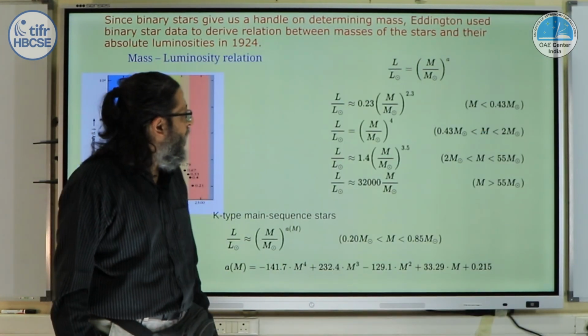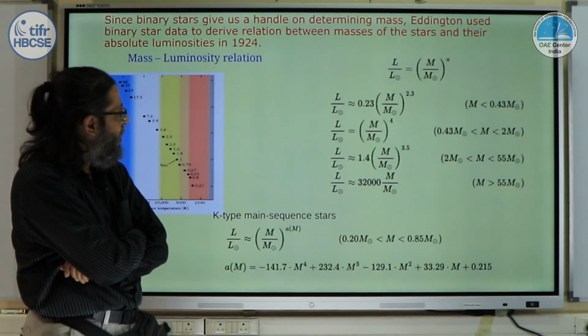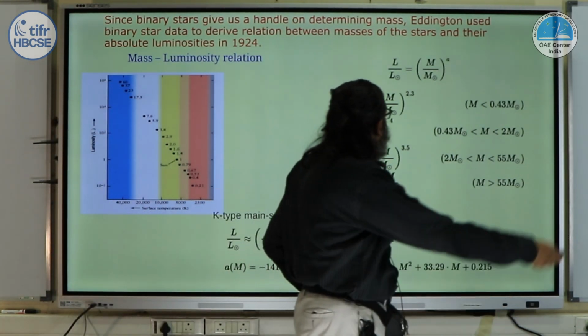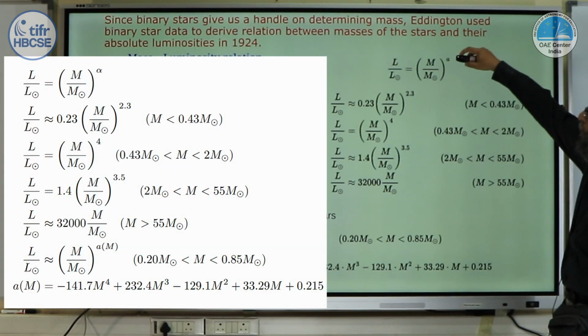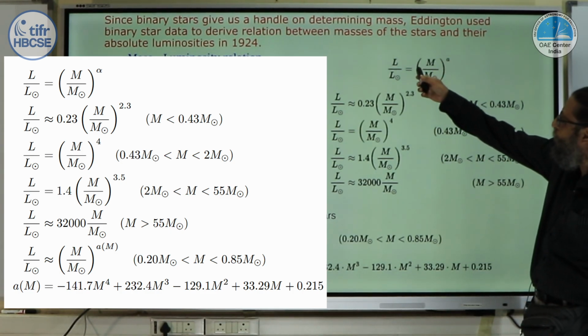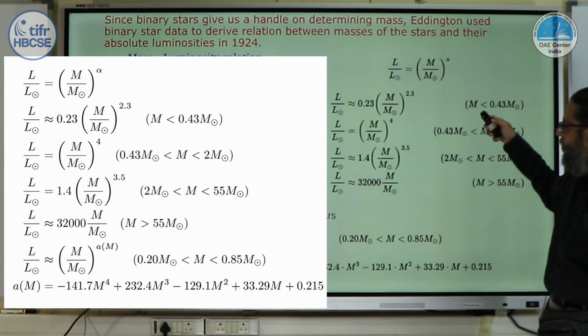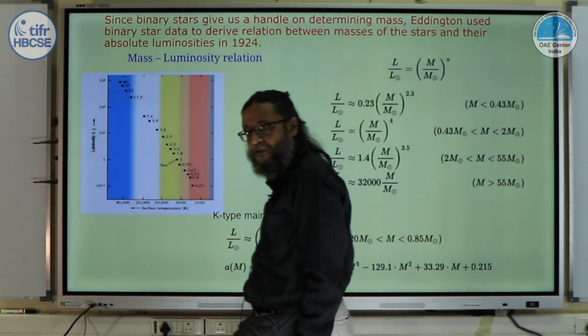Okay, now modern day understanding tells us that when we are talking about this particular quantity A, these are different values, and the coefficient of this proportionality is also different when we are talking about different ranges of mass.